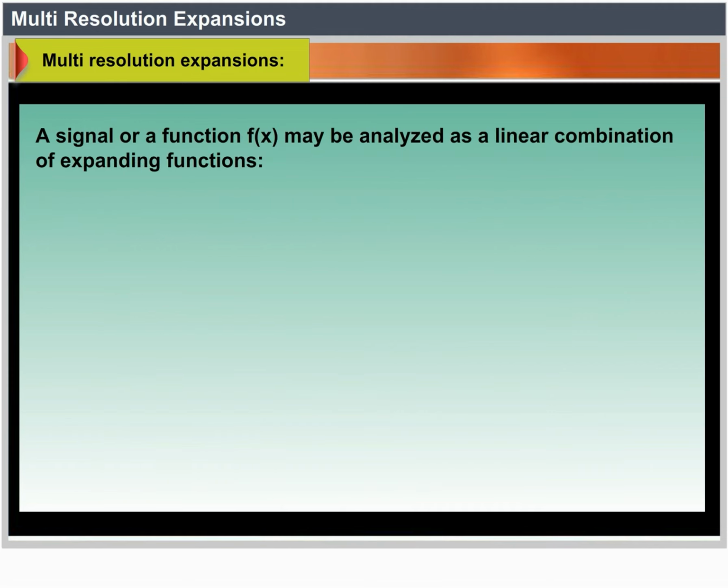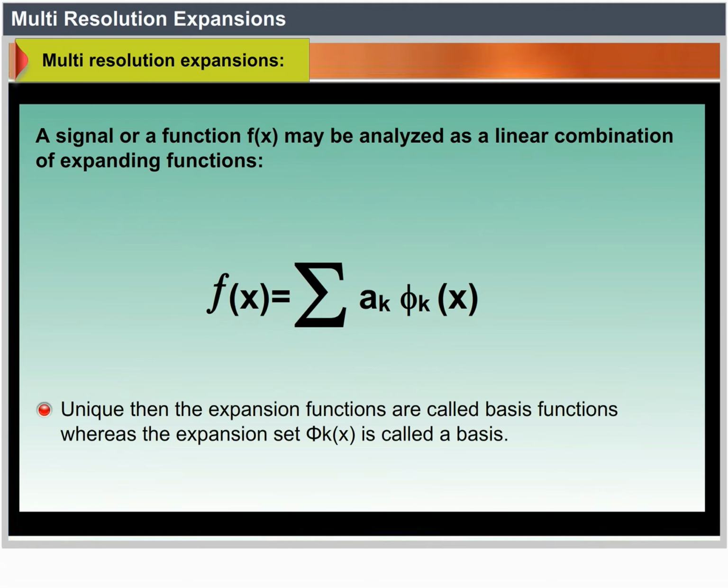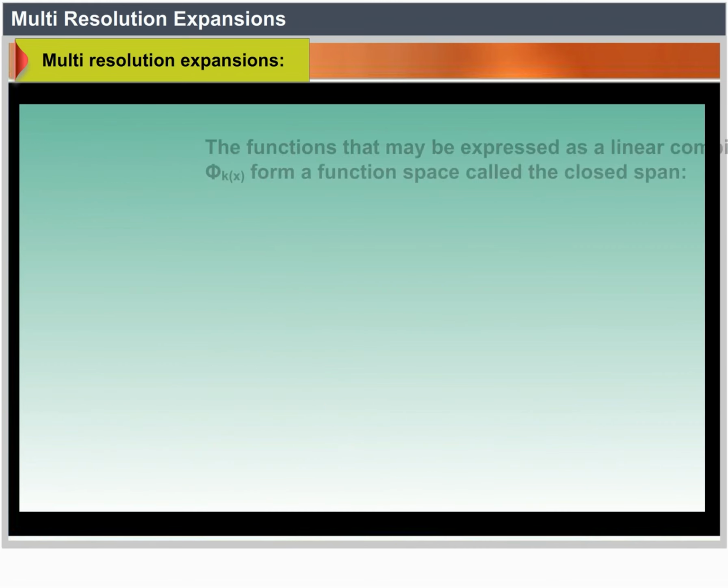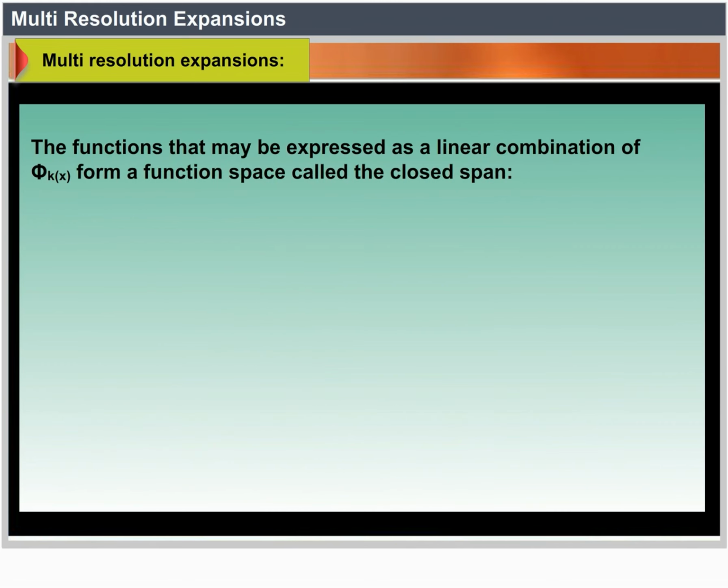A signal or a function f of x may be analyzed as a linear combination of expansion functions as shown. The expansion functions are called the basis functions, and the expansion set phi k of x is called a basis. The functions that may be expressed as a linear combination of phi k of x form a function space called the closed span, where V equals the span of phi k of x.